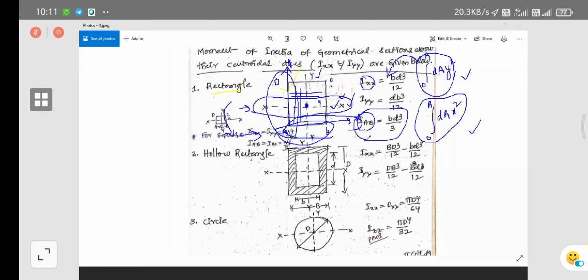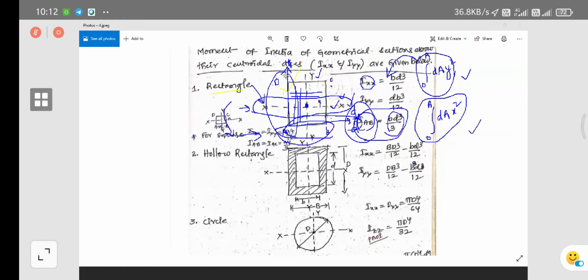For that purpose, it is the moment of inertia about the central axis plus the area multiplied by the square of the distance between these two parallel axes. If d is the total height, d by 2 is the distance between the two parallel axes, one is xx and another is AB. So IAB is equal to bd cubed by 3.